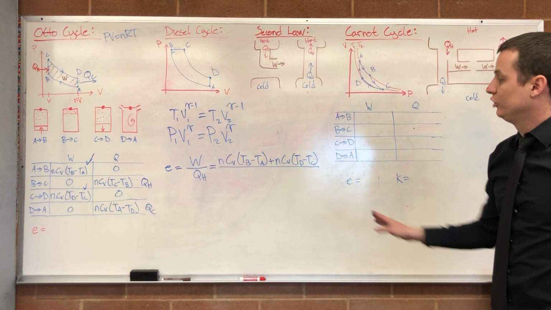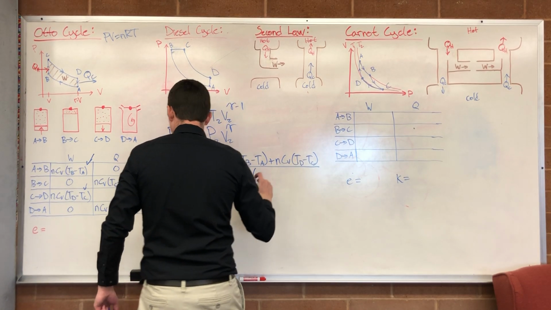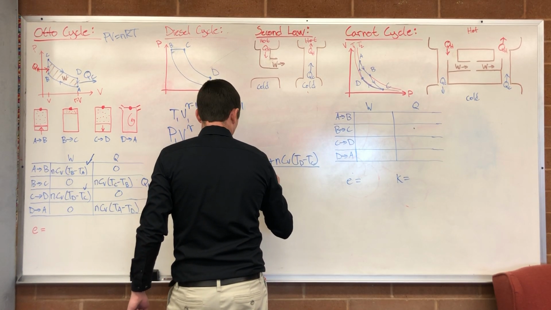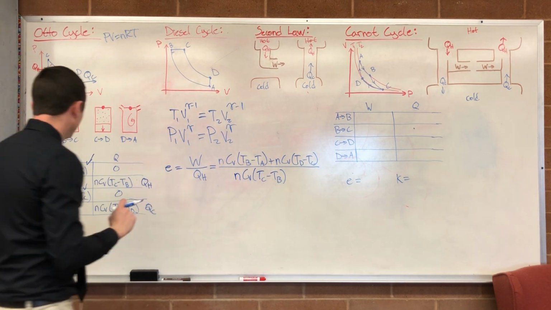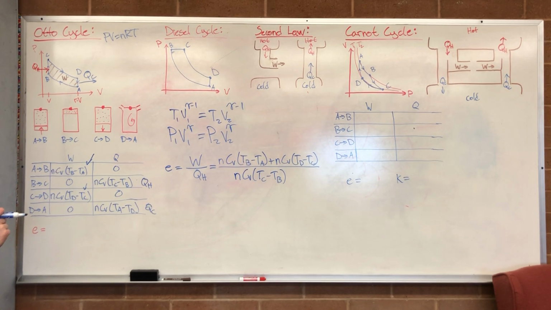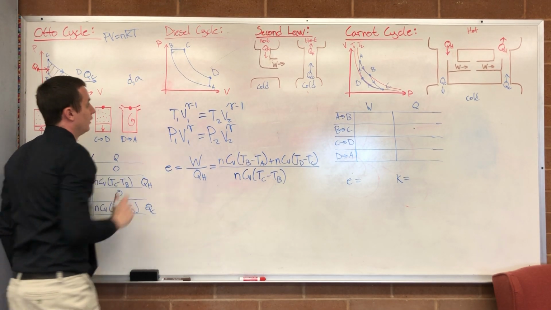Okay, so QH, we then have NCV times TC minus TB, right? Can you cancel out your TC and TBs? Why not? You can't factor out the TB from the other side, or the TC from the left.